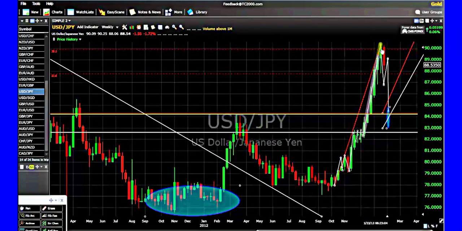The structure of the internal waves will allow us to forecast the motive wave. Let me put this to you again. The structure of the internal waves of the first wave allows traders to forecast the motive wave. Is that clear enough? The structure of the subwaves of the first wave allows traders to forecast the structure of the motive wave.